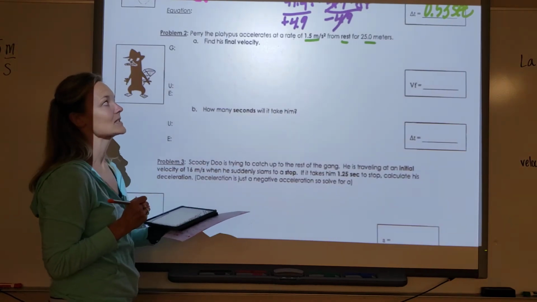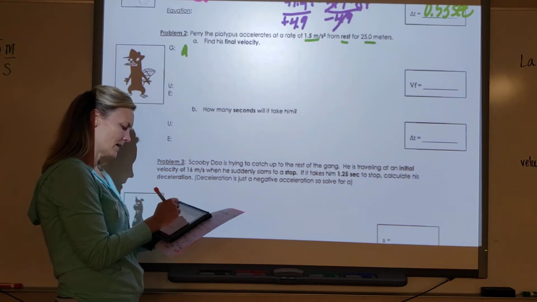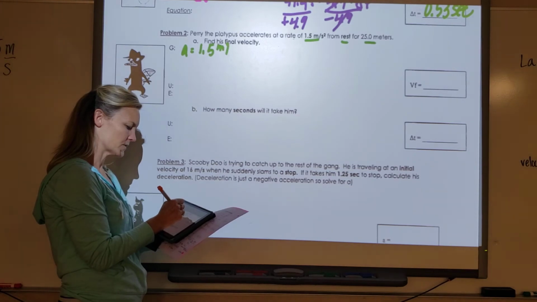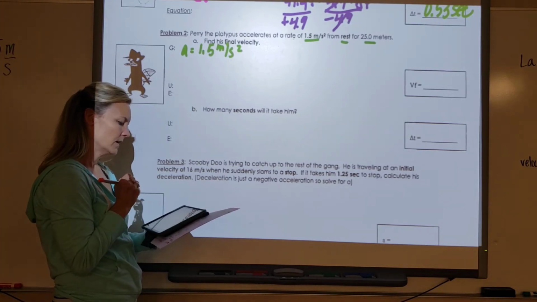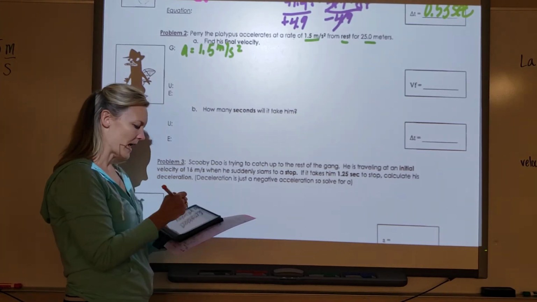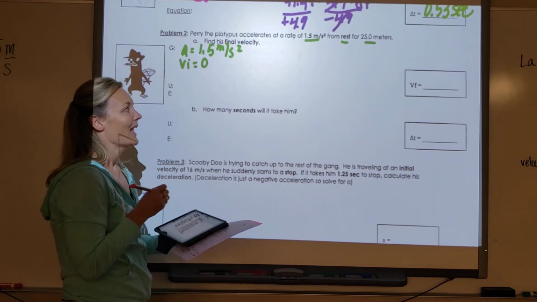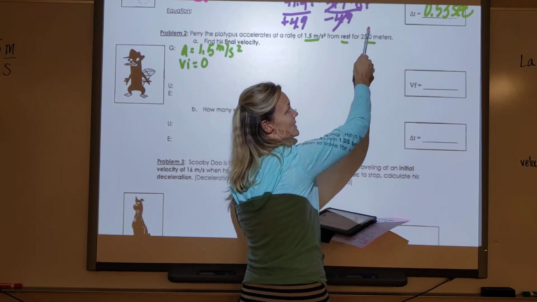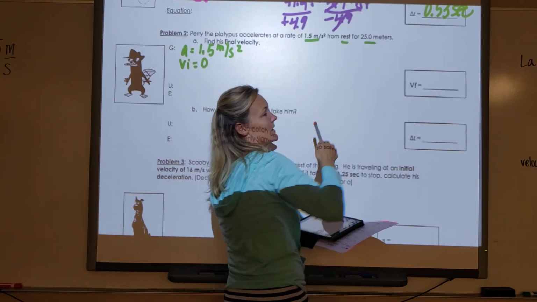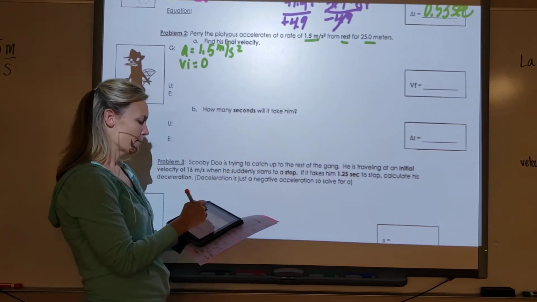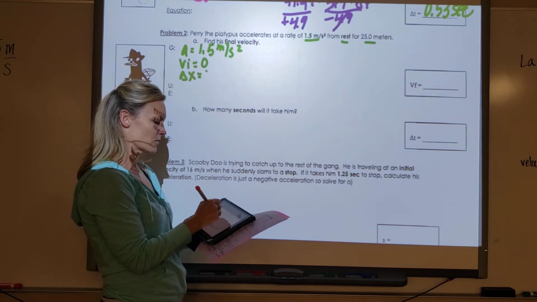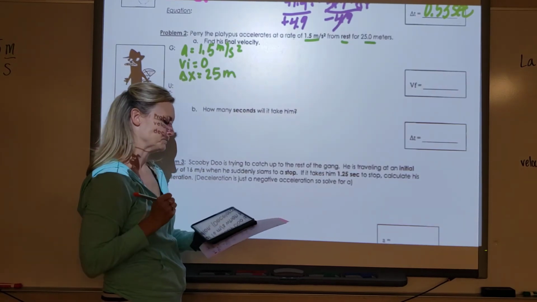I have an acceleration, so my a is 1.5 meters per second squared. I am starting from rest, which means my vi is equal to 0. And my distance, if you couldn't tell that this was distance, look at the units. Meters has to be a distance. My delta x is 25 meters.